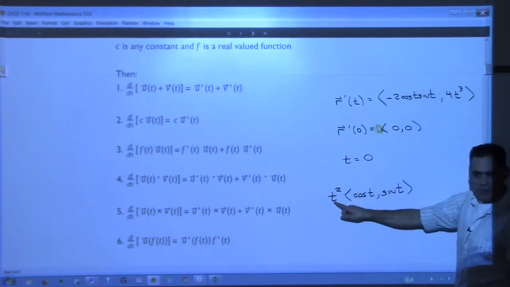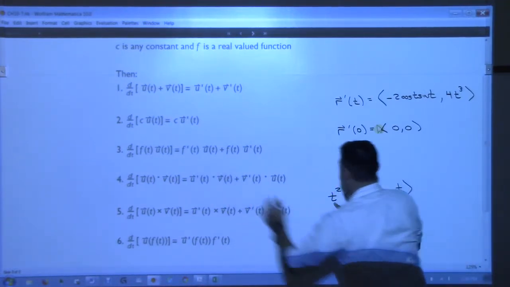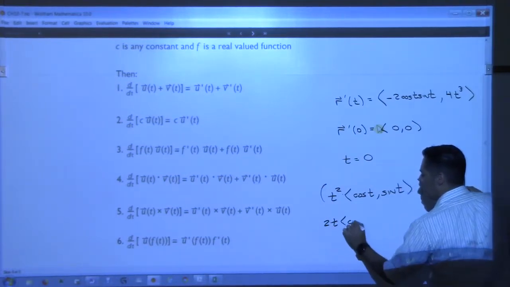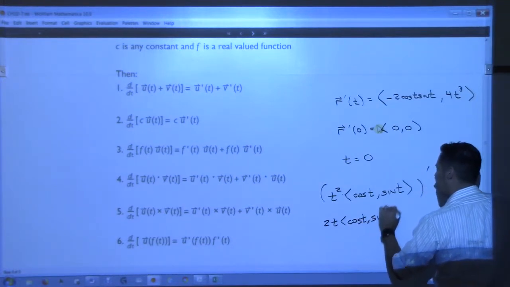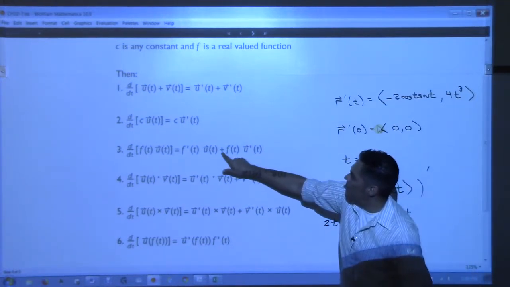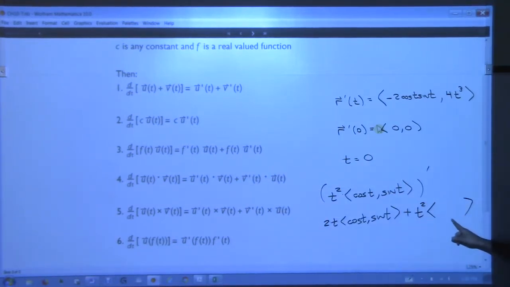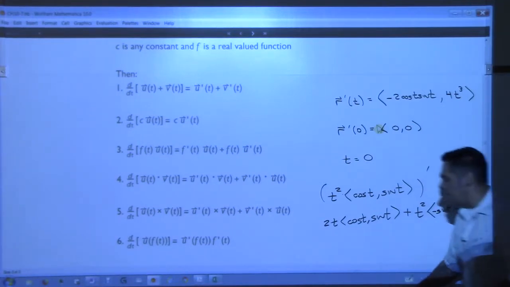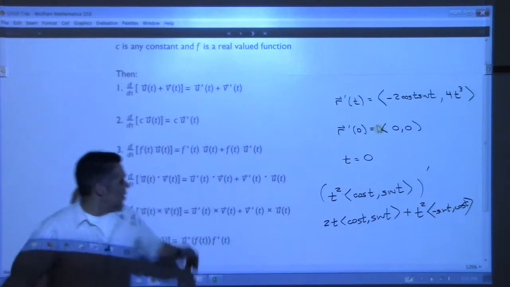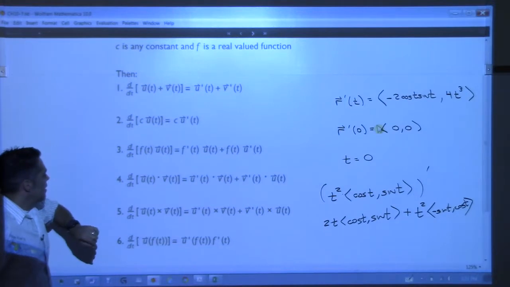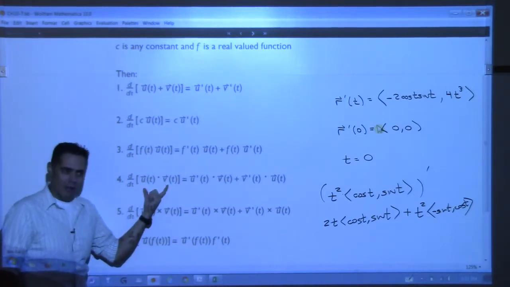The derivative with respect to t would be 2t times cosine t, sine t, plus now the scalar function, t squared, times the derivative of the vector function, which would have been negative sine t, cosine t. All right? Does that make sense? Okay, so that product rule carries over into scalar times vector function. All right? It also carries over to dot products.